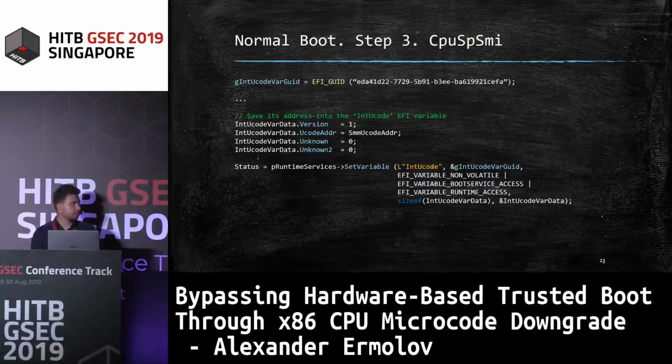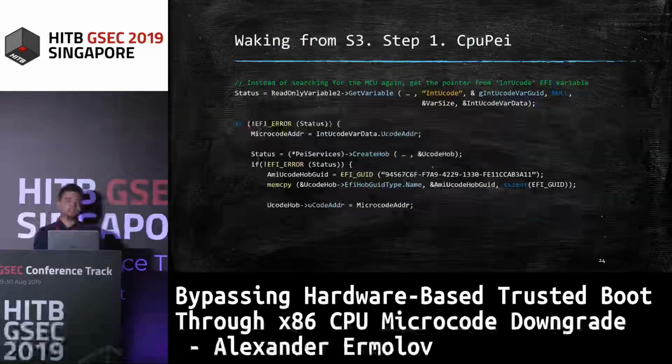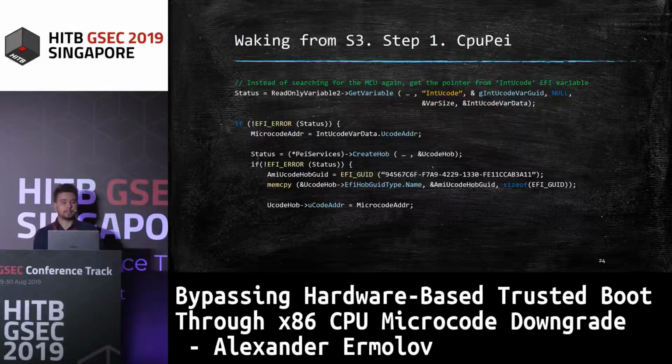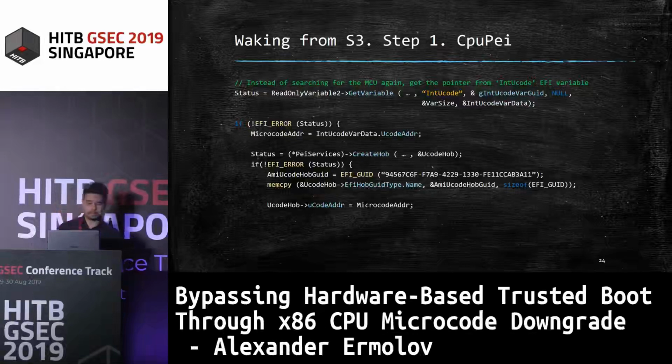The question is why these sections are performed in the end, and the answer is an optimization while waking from sleep mode. If, after waking from sleep mode, we go to the CPU PEI module, we can see that it doesn't search for the microcode update in the firmware interface table.